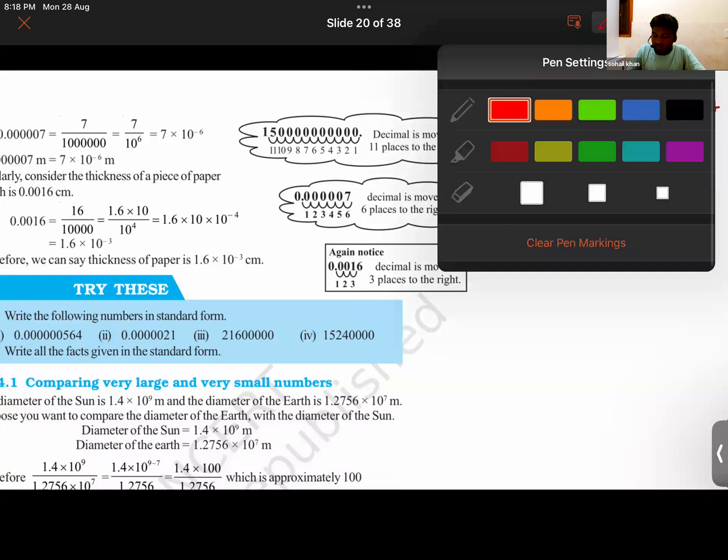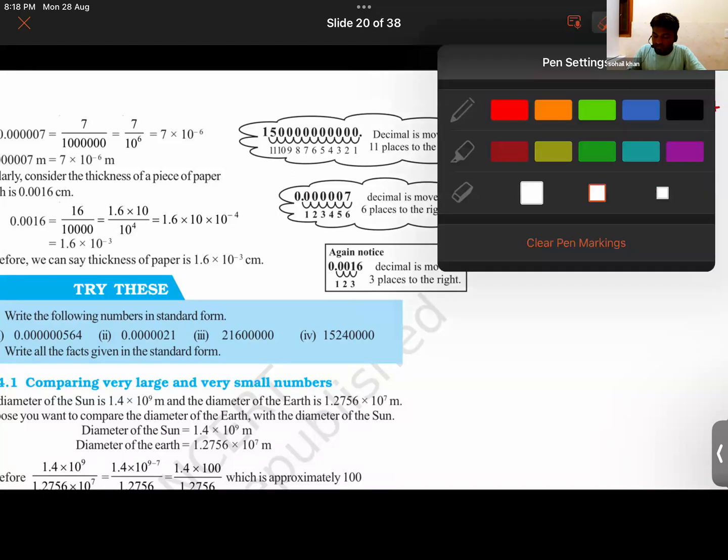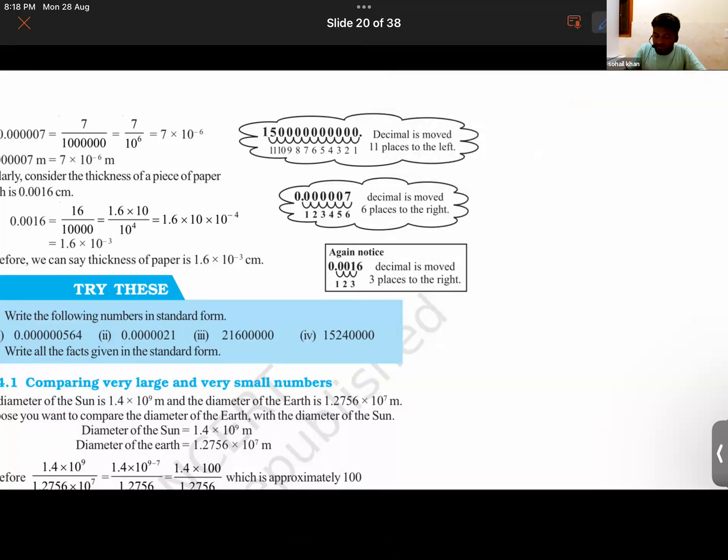No, simply write it first like this to avoid confusion: 0.0016 equals 16 upon 10,000. So it's 16 upon 10 raised to the power 4.